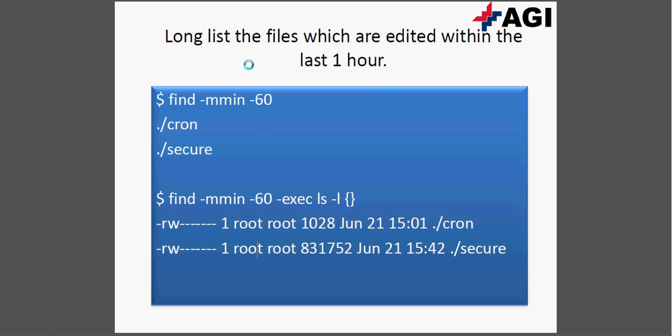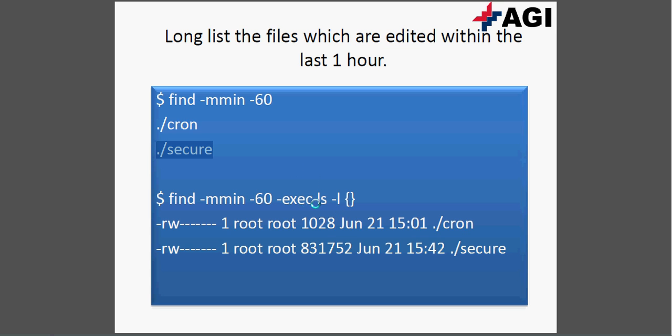Here I'm long listing the files which were edited within the last 1 hour. For that, in a simple case, I would just do find using the -mmin option and using 60, which represents 1 hour. It will here just show the name of the file, but I would like to know more details so that I can know at what time it was modified.